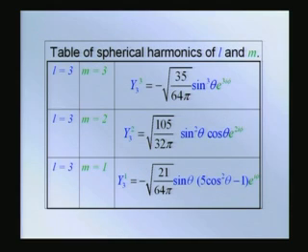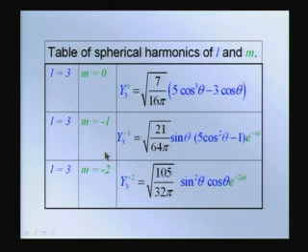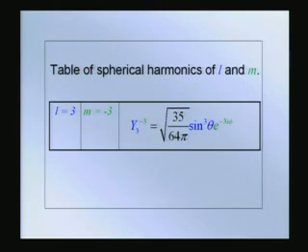Then to complete this, the next set is of course the f orbitals corresponding to the L value 3, and for the L equal to 3 case there are 7 spherical harmonics, from plus 3 to 1, 0, minus 1, minus 2, minus 3, as you see in this table as well as in the last one.